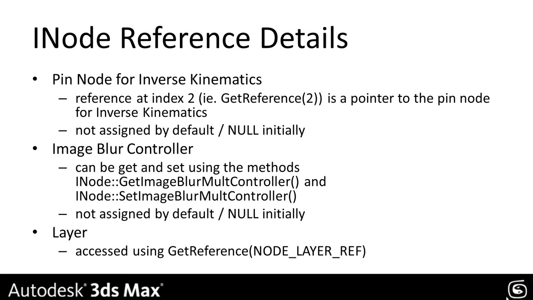This one has methods GetImageBlurMultController, SetImageBlurMultController, and these again are not assigned initially. And then finally, the last one is layer, and this one can be directly accessed again using GetReference. And this one is at a defined index, so use the definition there in case it changes for whatever reason. And that is NODE_LAYER_REF.